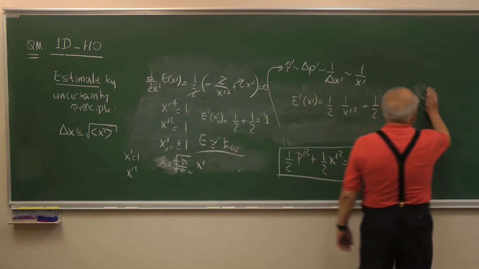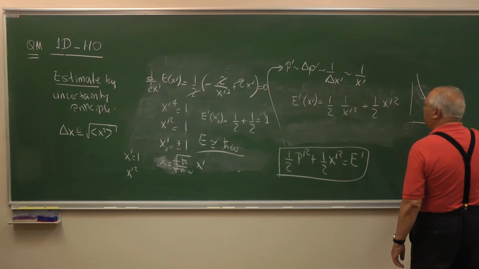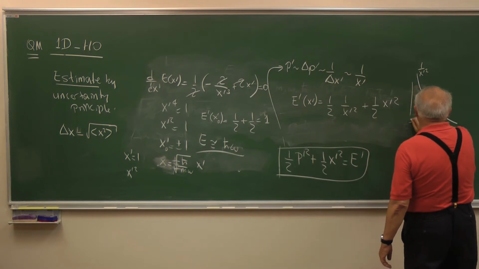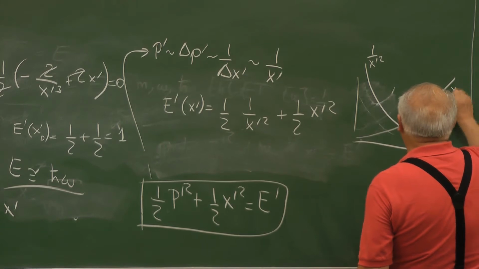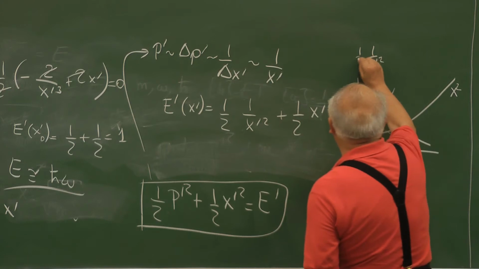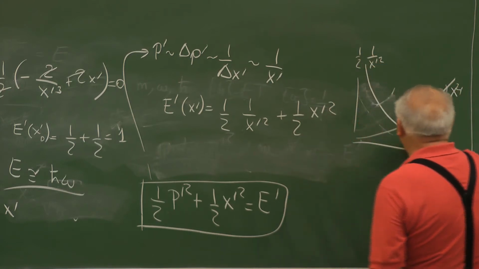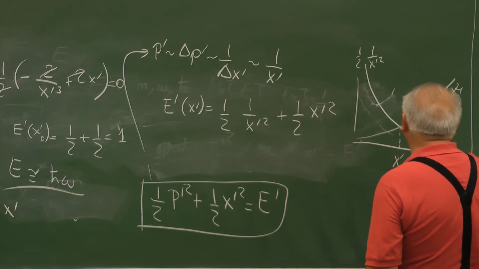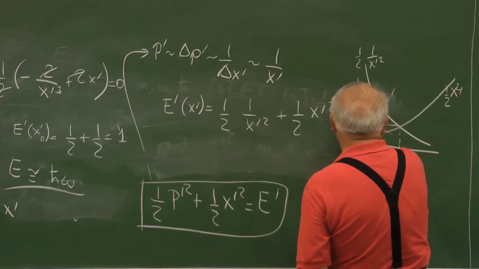So if we just draw the graphs, this is roughly speaking 1 over x prime squared. This one is x squared, and let's say 1/2 x prime squared, and they are crossing at x prime equals 1, so the energy here is 1/2.